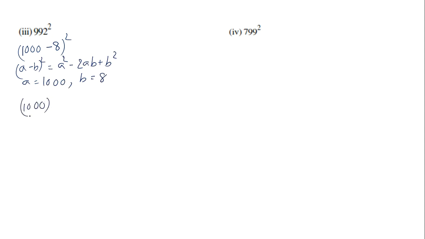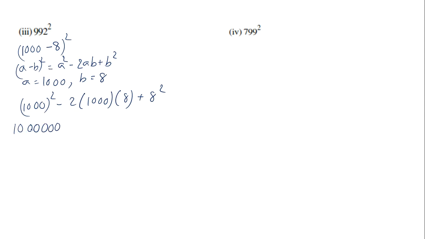Now substitute it. 1000 square minus 2 into 1000 into 8 plus 8 square. 1000 square is 10 lakhs, 3 zeros means we have to put 6 zeros.